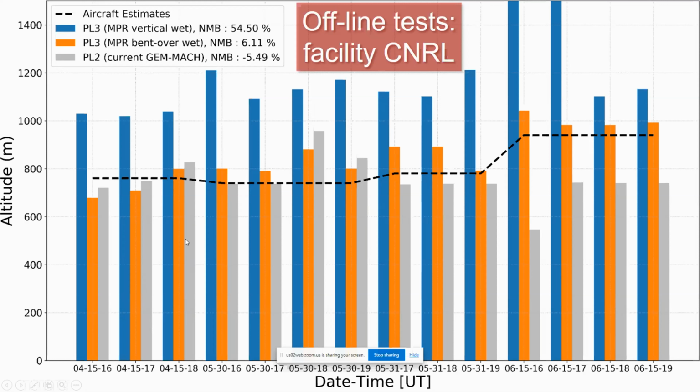And to that, I'm comparing the predictions from the older version, which are these gray bars, and the blue and orange bars are showing the predictions for the vertical and the bent over cases by including the effects of water. As you can see, for the most part, for this case, all of them are performing kind of similarly, but you have these occasions where the older version, without accounting for water, under predicts the rise. But if you include that, you get better performance against the observations.